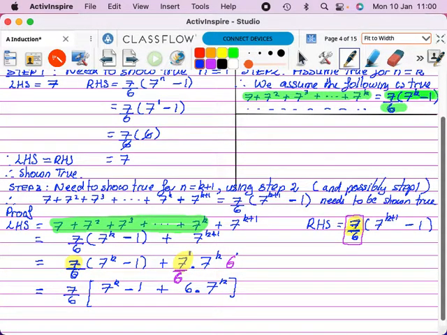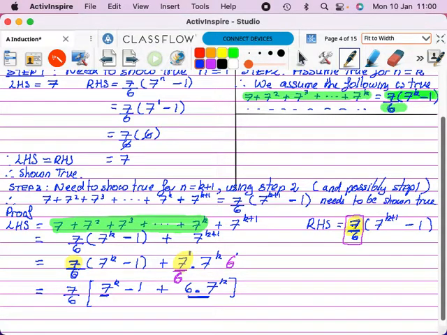Now, it's very simple. If I've got 1 lot of 7 to the k plus 6 lots of 7 to the k, how many lots of 7 to the k do I have? And the answer is I have 7 lots of 7 to the power of k.